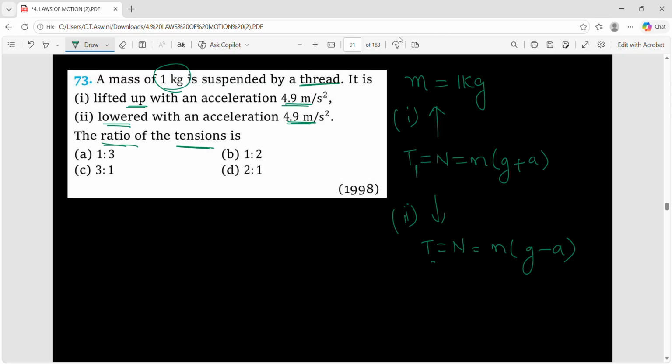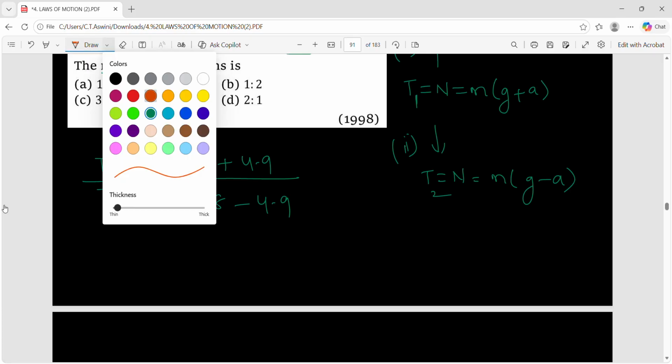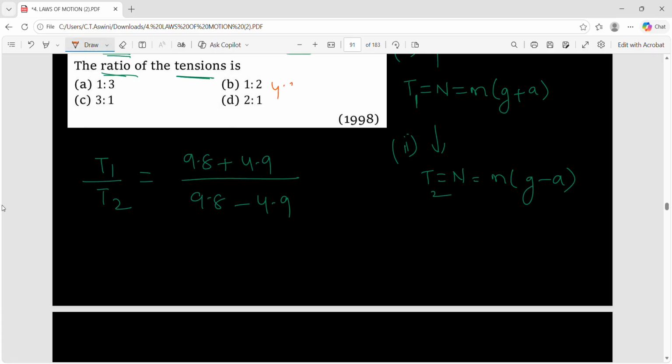So if you take the ratio of them, let it be T1 and T2. So what is the ratio of T1 by T2? M gets cancelled. You'll get g plus a over g minus a. So g is 9.8 and acceleration is given as 4.9. In the second case also the acceleration is given as 4.9. Can I write this 9.8 as 4.9 plus 4.9? 4.9 plus 4.9, how much will you get?